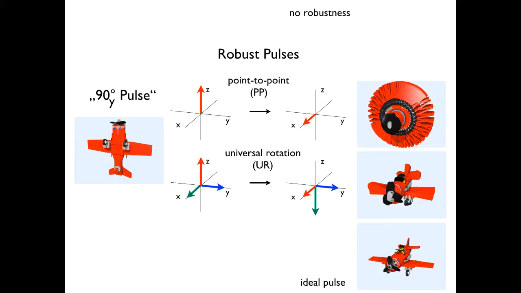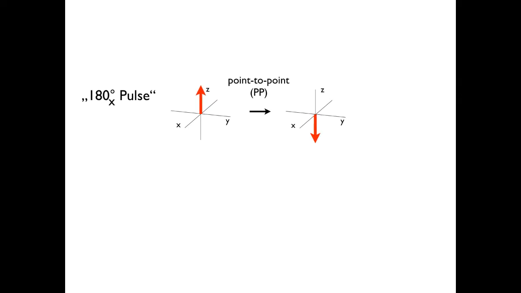These additional degrees of freedom translate into shorter pulses for applications. So if you need to go from z to x, you could use a universal rotation pulse. But if you don't need it, don't use it. Optimize a better point-to-point pulse, and you can do the experiments much faster. Okay, so up here it's a case of basically a random pulse which has no robustness at all.